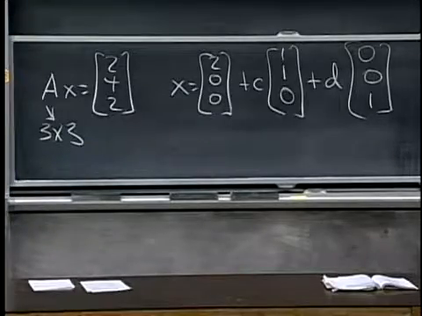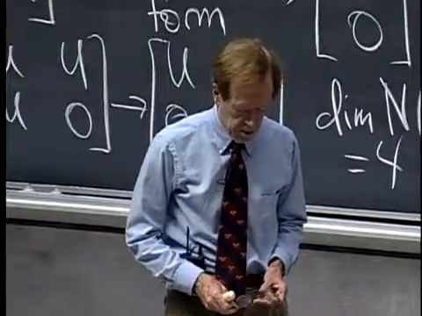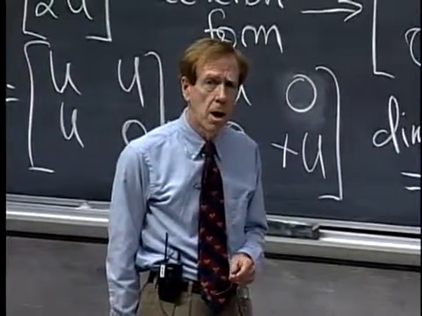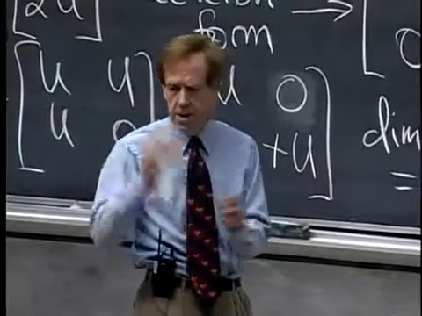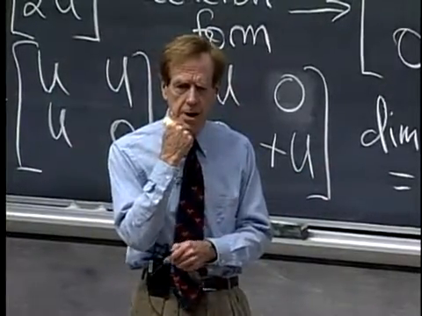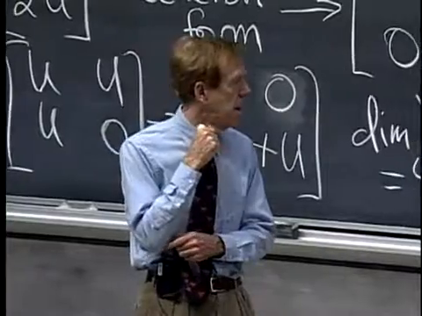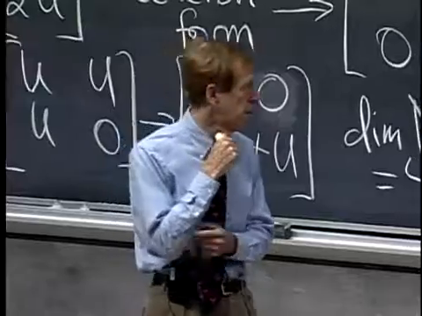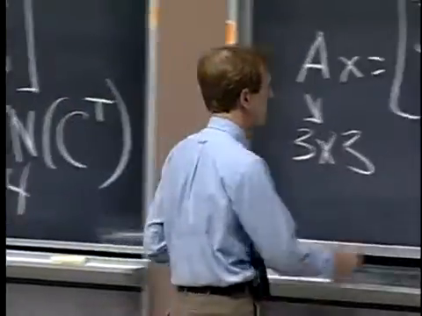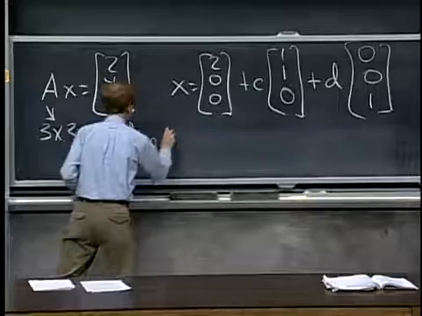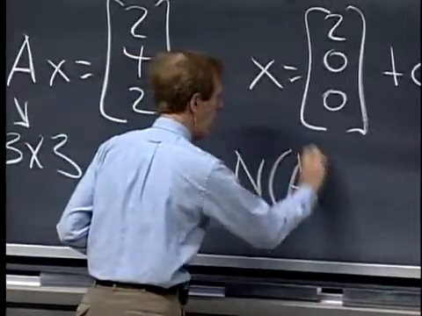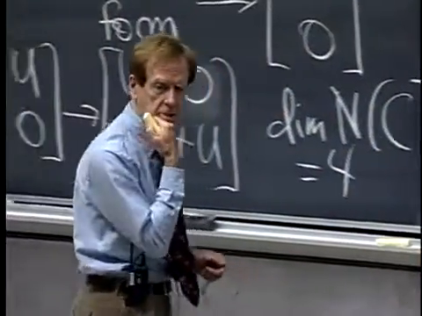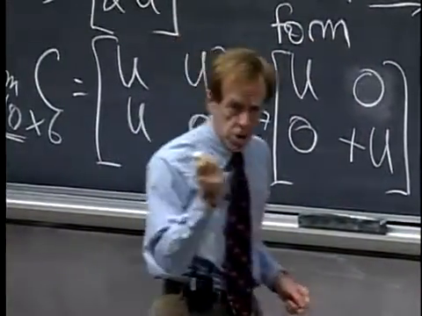And what's its rank? Tell me something about its null space. I heard the right answer for the rank. The rank is 1 in this case. Why? Because the dimension of the null space of A, from knowing that that's the complete solution, is 2.